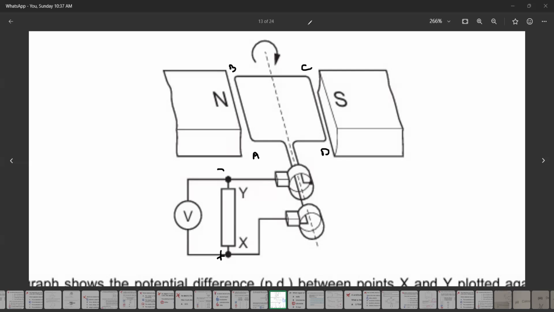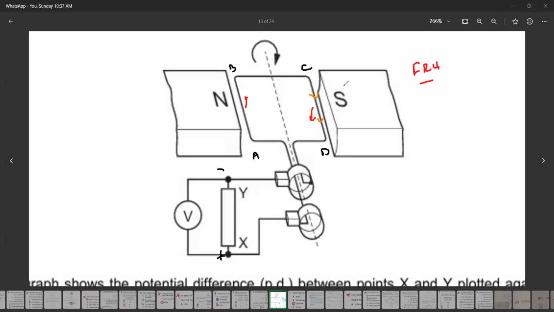And when I apply Fleming's right hand rule, my index finger is pointing towards south, my second finger is pointing down. So what is the direction of the induced current? The direction of induced current is from C to D. That's how the current will be produced.